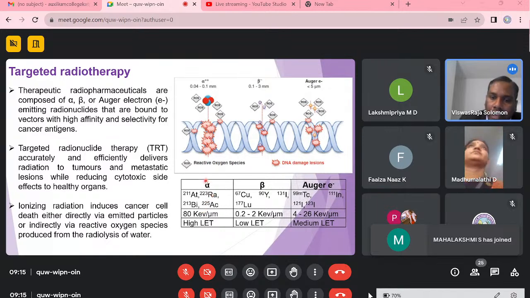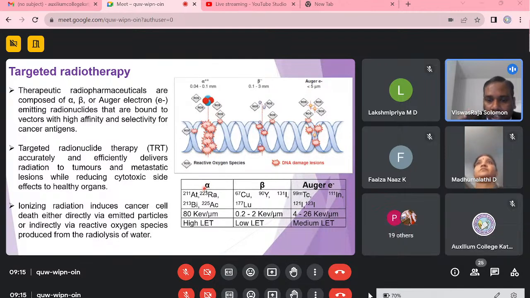These are alpha-emitting isotopes. It gives energy of 80 kilo electron volt per micrometer of tissue. This is called high linear energy transfer to the tissue. That's why it breaks DNA in a highly intense way. Once the damage has happened, the DNA cannot be repaired.